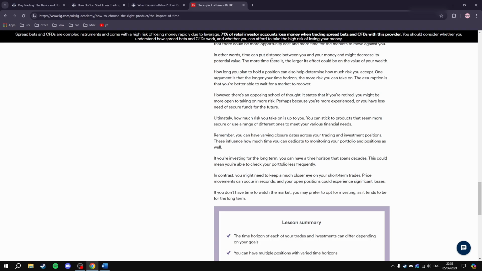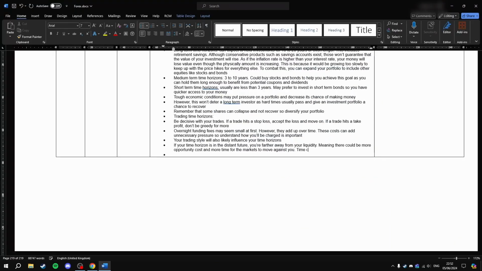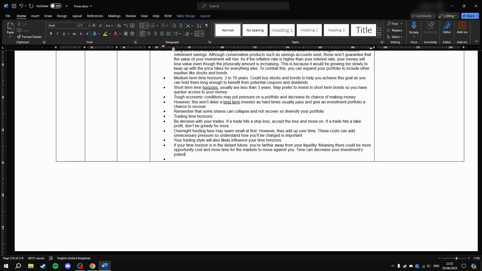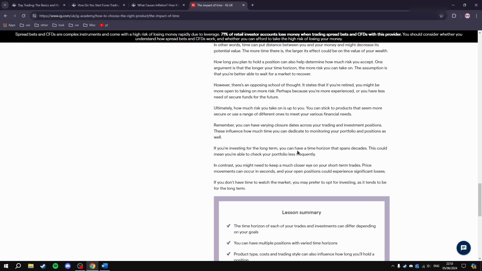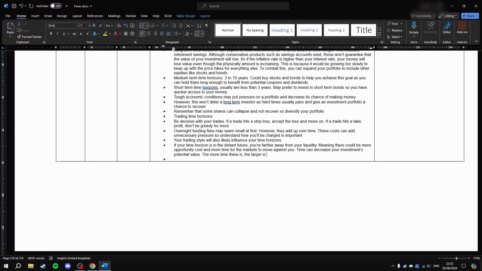The more time there is, the larger its effect could be on the value of your wealth.